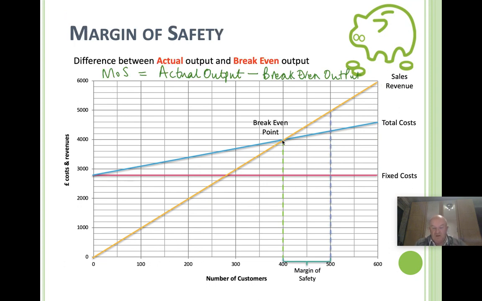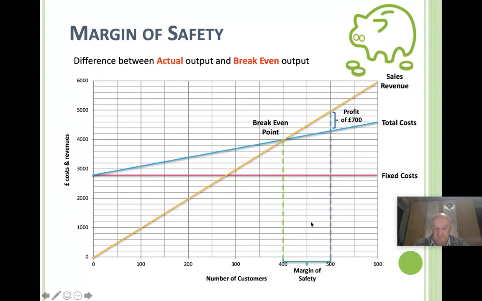So we've produced 500 units worth of sales, whereas break-even was at 400. Actual output and actual sales was at 500 units. So in this case, we have a margin of safety: the difference between our break-even point and our actual output. So it's 100 units.